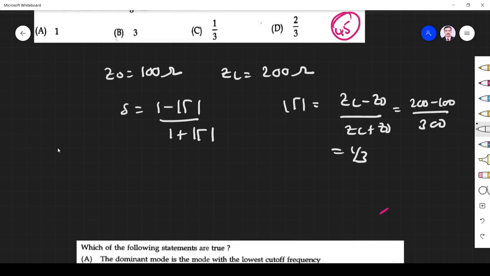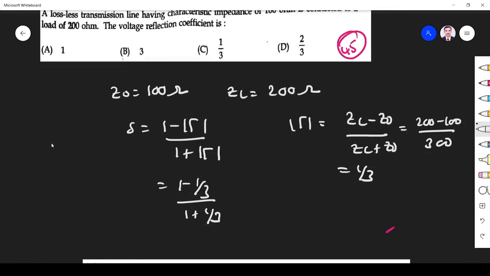So substitute gamma value here. 1 minus 1 by 3, 1 plus 1 by 3. Right? So what they ask, voltage reflection coefficient. Yes, answer is 1 by 3. Voltage reflection coefficient is 1 by 3. This is VSWR, sorry, this is VSWR, this is reflection coefficient.